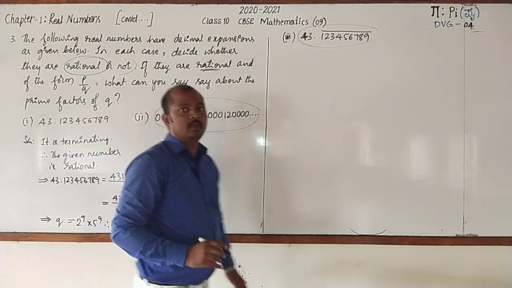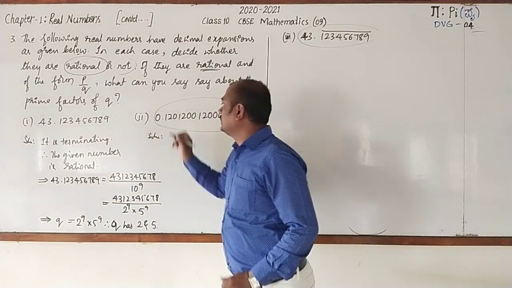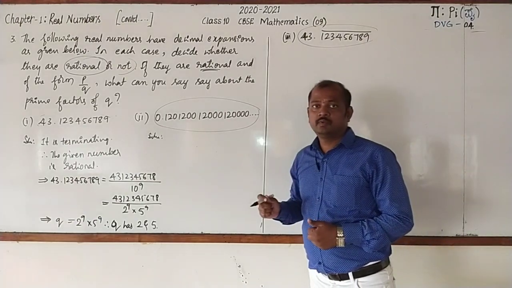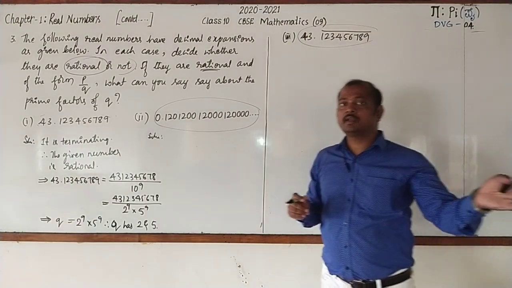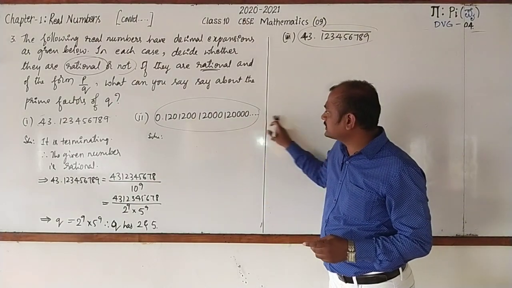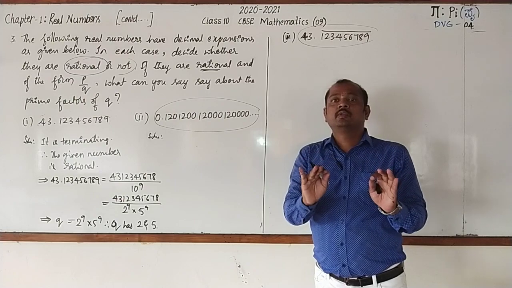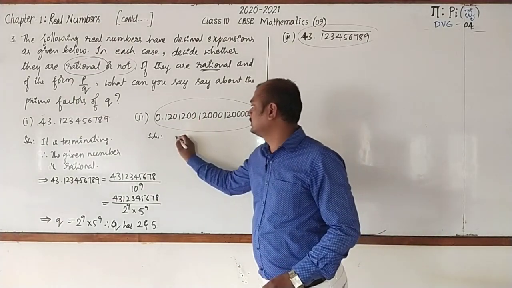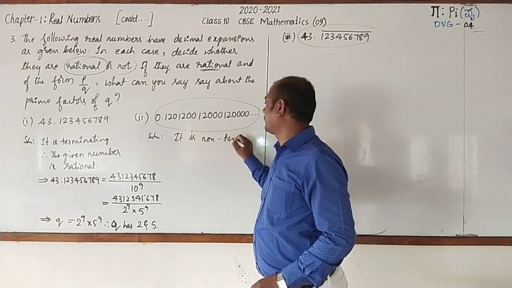Next, come to the second one. 0.120120012 and so on. Whether it is terminating or non-terminating recurring. Firstly, it is non-terminating because there is no end at all. There are no countable number of digits. Uncountable number of digits are there. It is non-terminating.